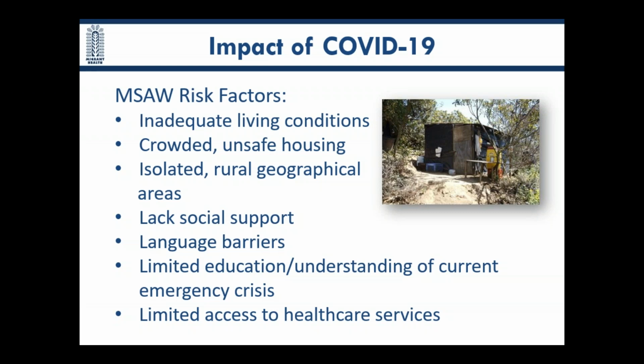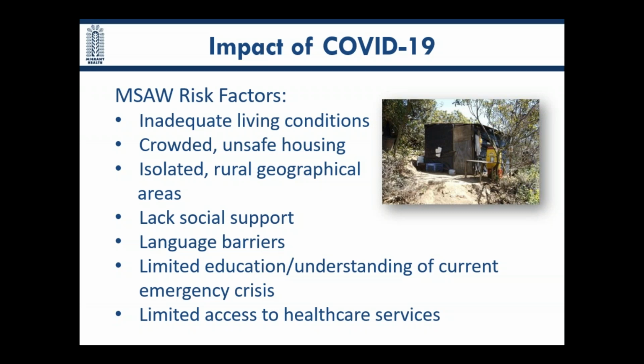You may see that ag workers tend to share housing or have small spaces that they use and live in. So that is a risk factor that we have noted in terms of how COVID could potentially impact this population. So again, their housing may be crowded. They're not necessarily able to practice the physical distancing that is being encouraged at this time.